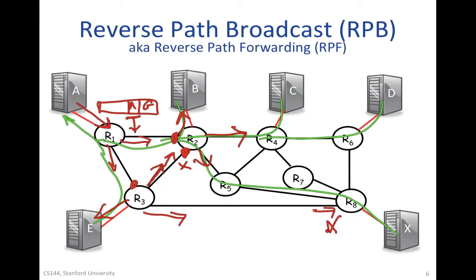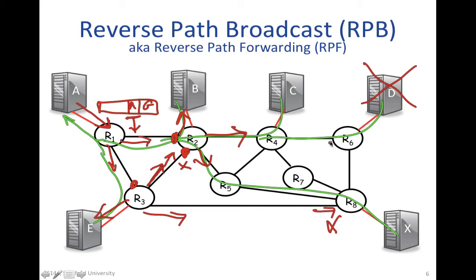So as a simple extension to this, there is something that's called pruning, and it's usually referred to as reverse path broadcast plus pruning, or RPB plus pruning, in which those routers that don't have any connected hosts interested in receiving the packet send prune messages. So in our case, D is not part of the multicast group.